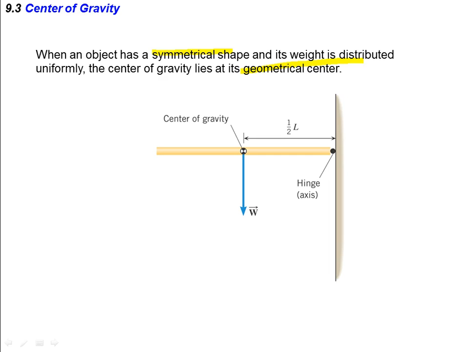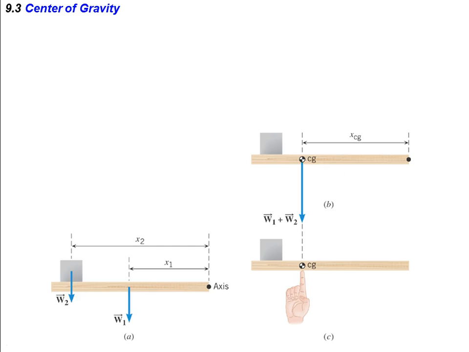So if we have a length of this board or door or whatever it is, of L, the center of gravity is going to be located at 1/2 L. So we can say that all of the weight of that object is really just a force concentrated at 1/2 L. And this does work in reality. It's not just an approximation, but the sum of all of the torques of the tiny little pieces of mass do add up to give us all of the mass at that position 1/2 L.